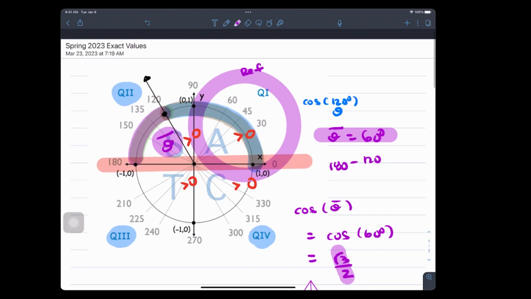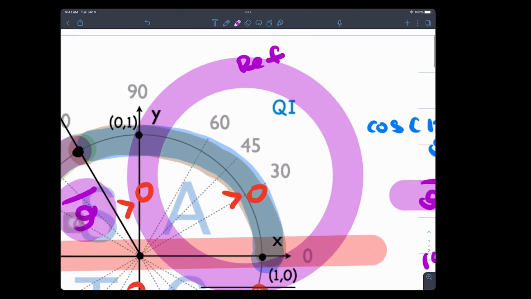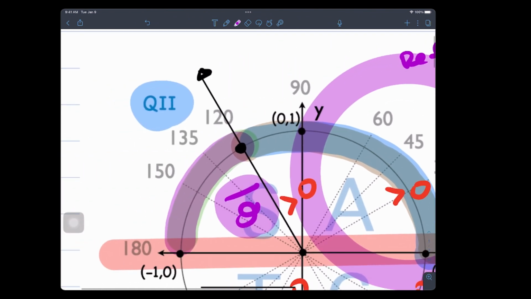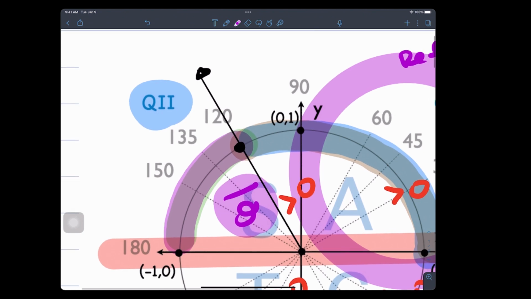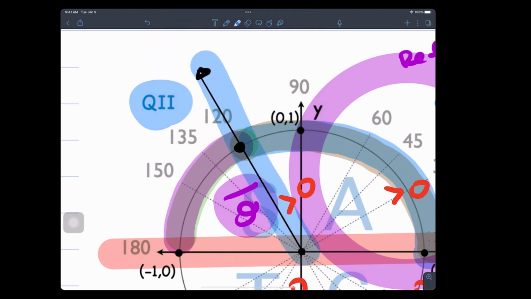So geometry is quadrant 1, ladies and gentlemen. Trig is quadrant 2. What does it mean for all students? What quadrant is the 120-degree angle in? Good. What do you guys know about quadrant 2? All students take calculus.